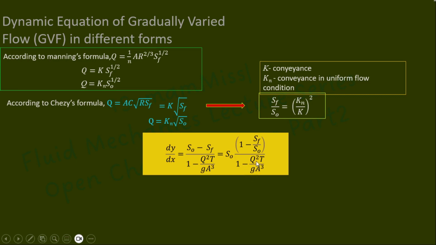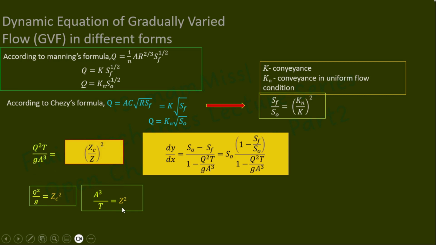Another interesting thing is that in the denominator, Q²T/gA³ is (Q²/g) divided by (A³/T). What is Q²/g? Q²/g represents the square of the section factor in critical flow condition. Similarly, A³/T is the square of the section factor in the flow condition. So (Q²/g) divided by (A³/T) is equal to Zc²/Z².